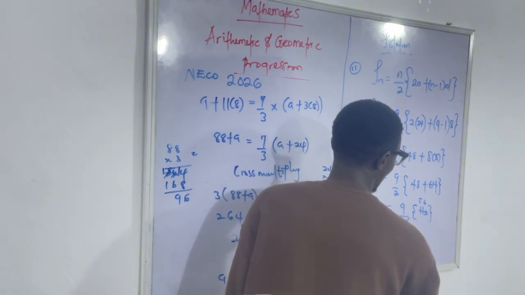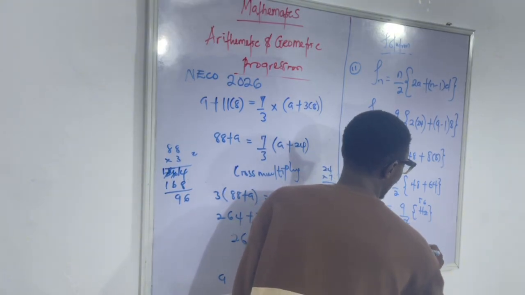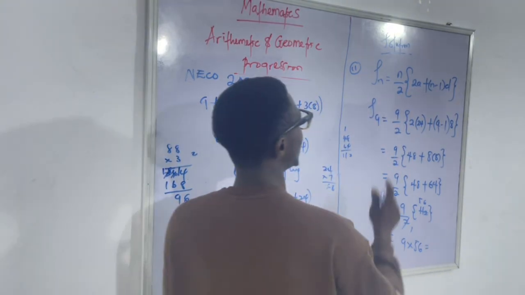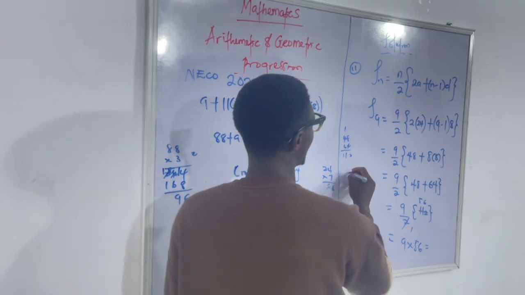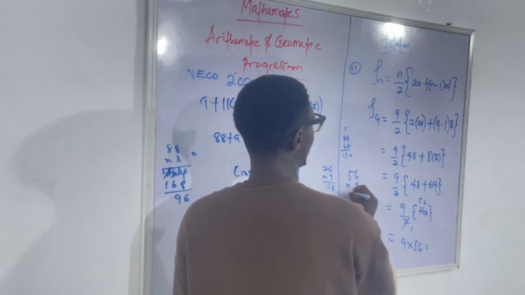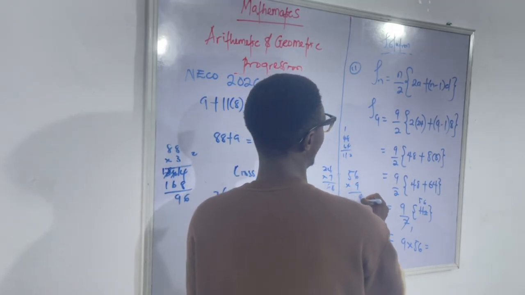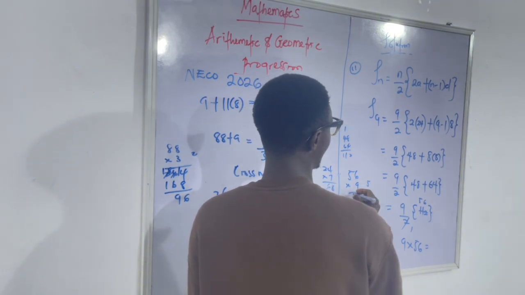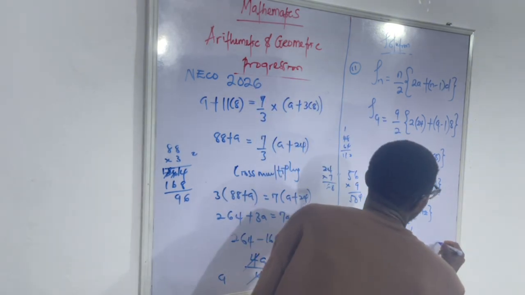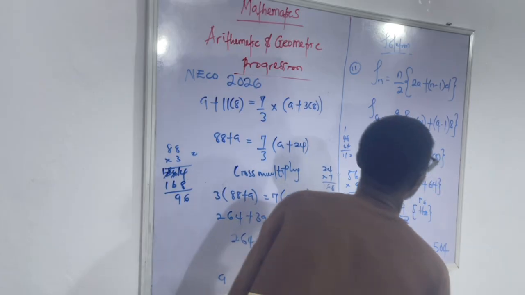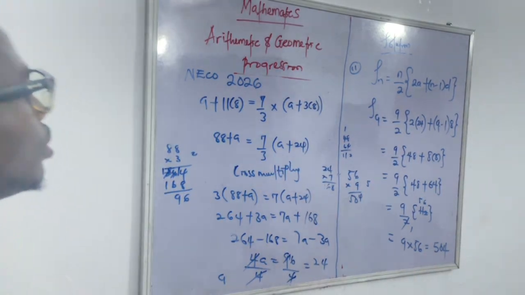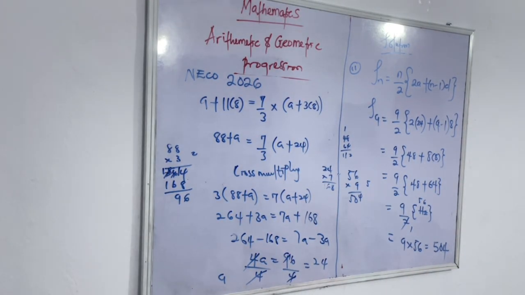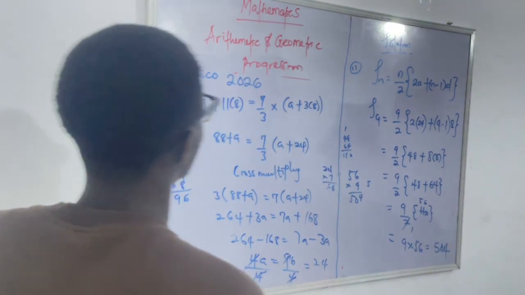So then we can say 9 times 56 is what? That's 56 times 9. So 9 times 6 is 54, 4 carry 5. 9 times 5, that's 45, plus 5, 50. So we said it is what? 504. So are we together? We said it is 504 for our sum of the first 9 terms.